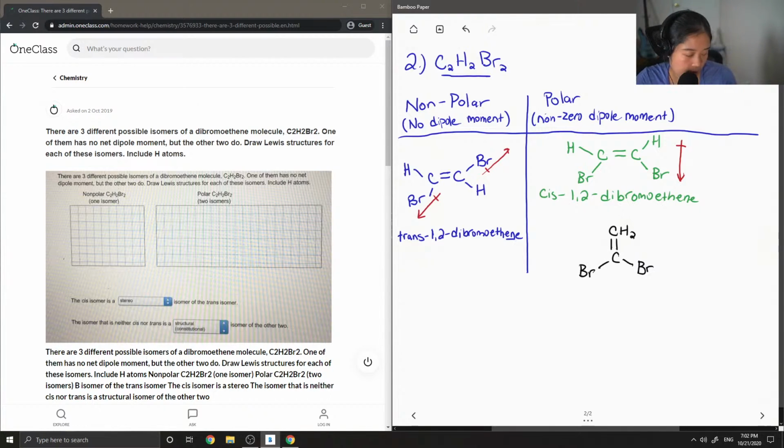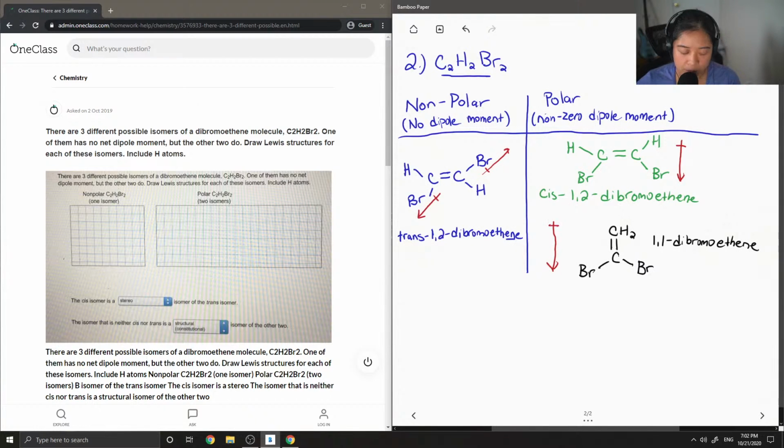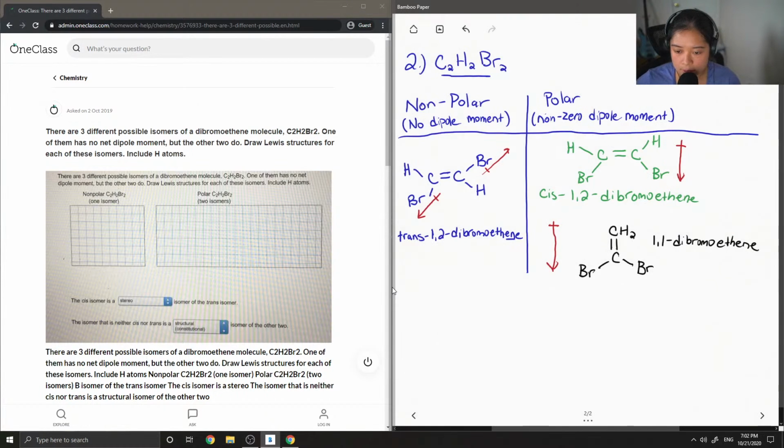So this is 1,1-dibromoethene. And you'll notice it also has a non-zero dipole moment going in the direction of the bromines.